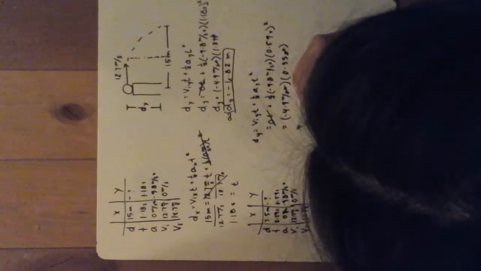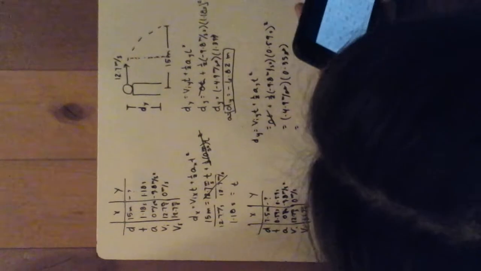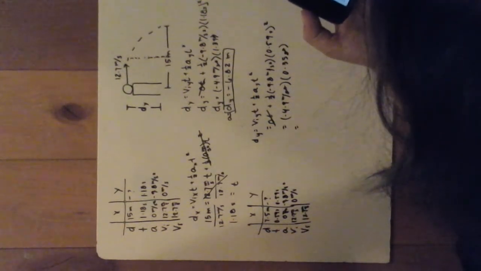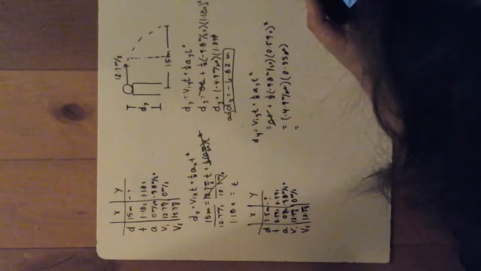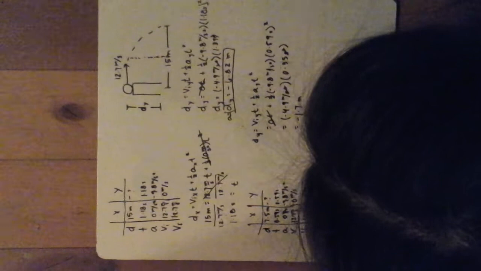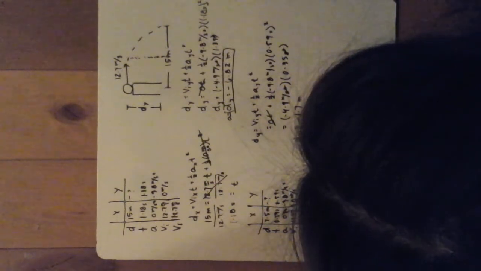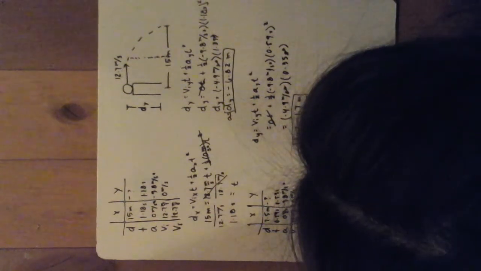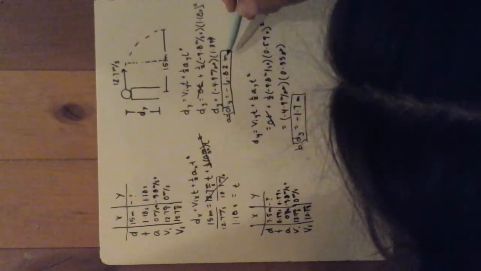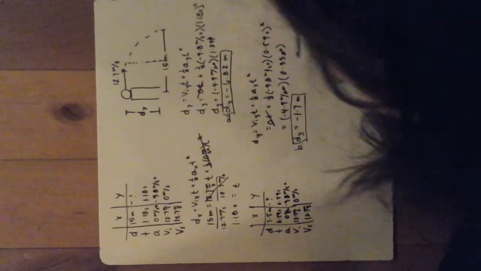Seconds squared will cancel. I'm going to multiply 0.35 by negative 4.9, and I get negative 1.7. So in half of the flight time, it fell 1.7 meters of the 6.82 that it would fall totally.